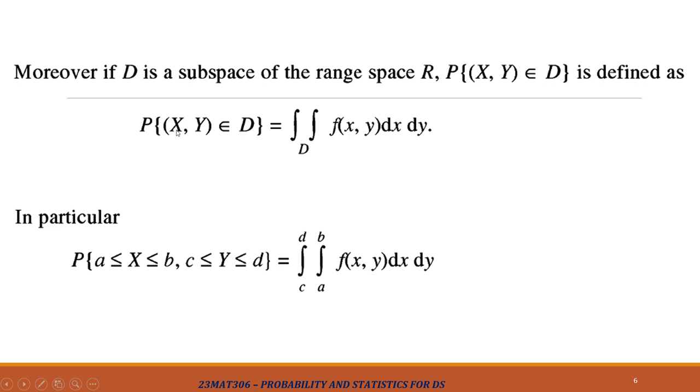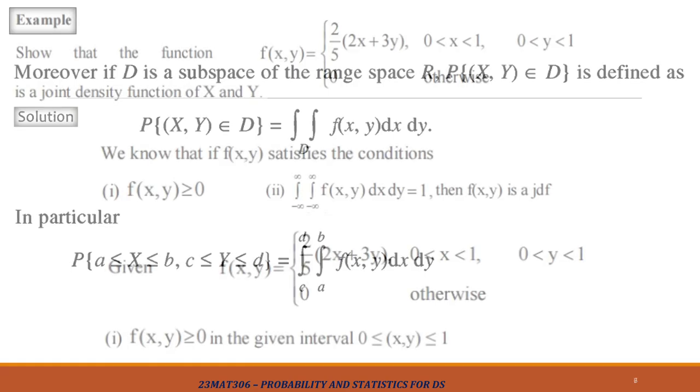Moreover, the formula to calculate the probability is given here. In particular, if x and y lie in some intervals, the domain is given here. For x, it varies from a to b, so we write the lower and upper limits as a to b. For y, it varies from c to d, so the integration limits are c to d.